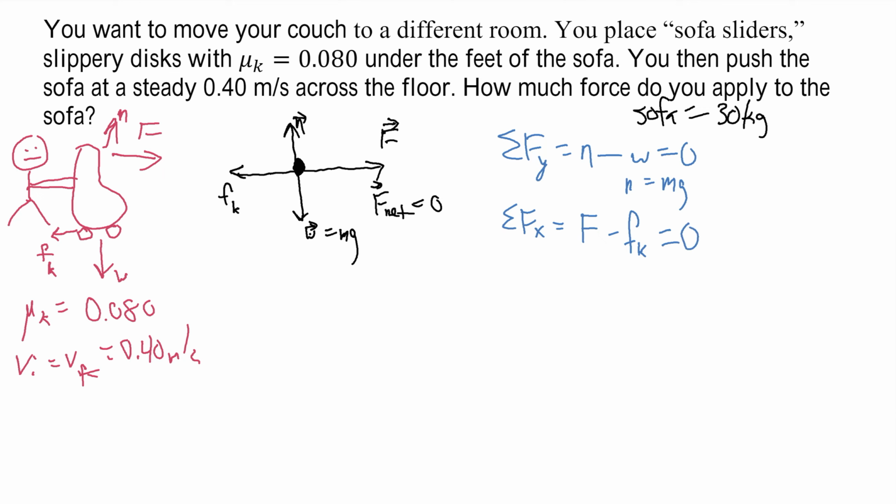And I know that F sub K, because this thing is moving, is the formula mu sub K N. But N equals mg, so I can substitute in mg for N. So F sub K equals mu sub K mg.